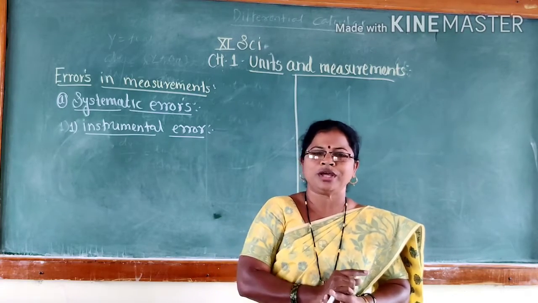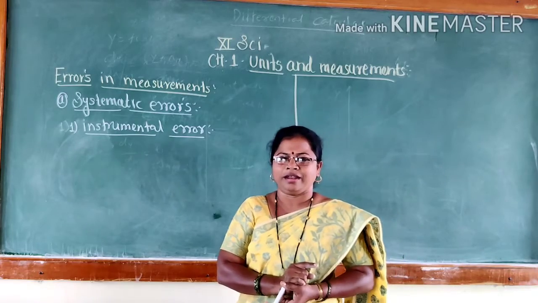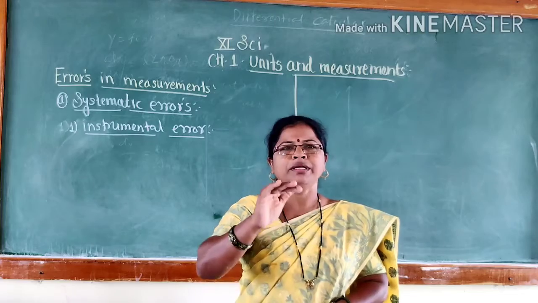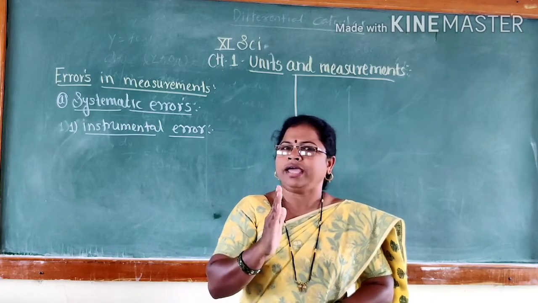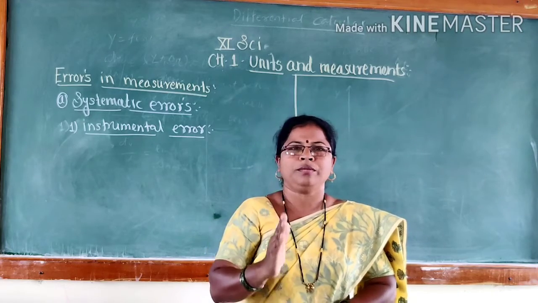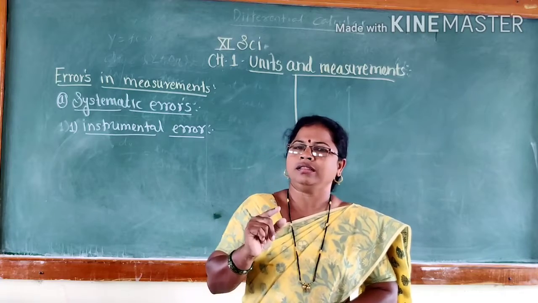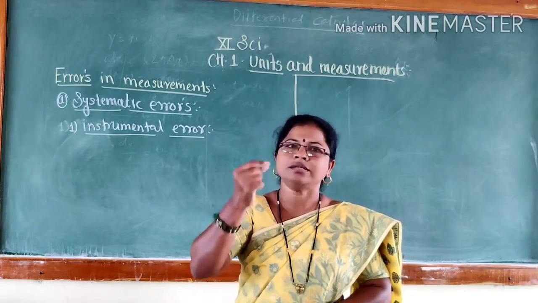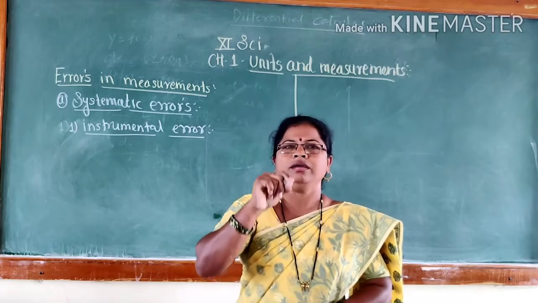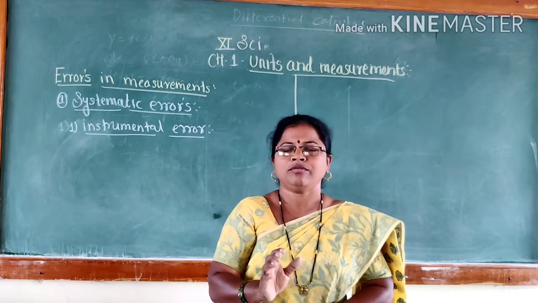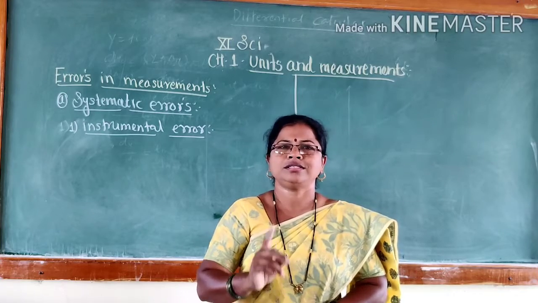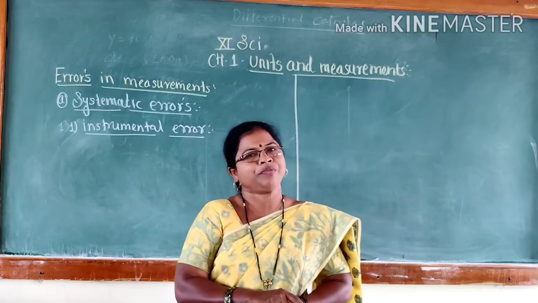So this is due to instrumental error. Also an ammeter. If the ammeter is not exactly at 0, but shows a reading of 0.5 ampere when we use it for measuring current, then that error is also an instrumental error.